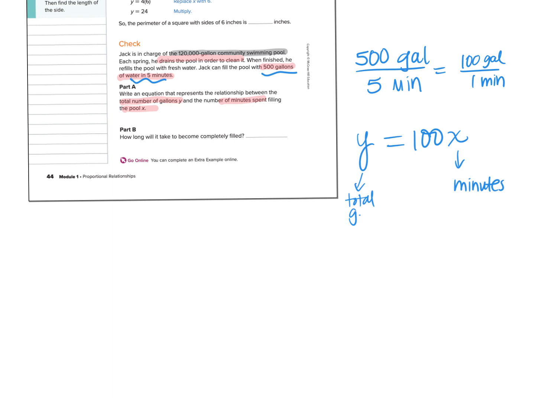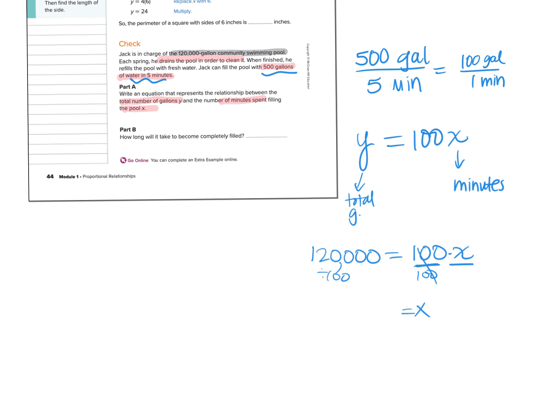Okay, so now it says, how long is it going to take for the pool to be completely filled? Well, filled is 120,000 gallons. So I have to figure out 120,000 is 100 times something, because we know he does 100 per minute. Well, if 100 times something is that, I'm going to do the opposite operation and divide by 100.